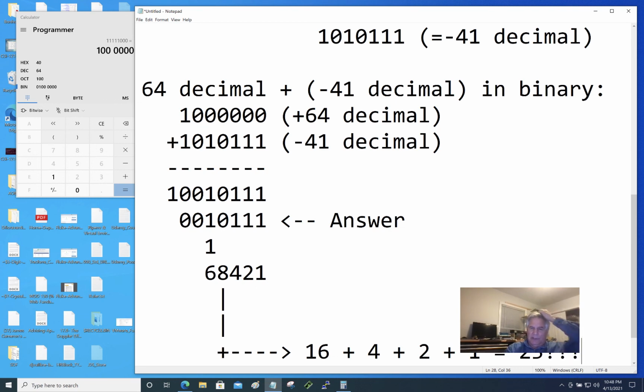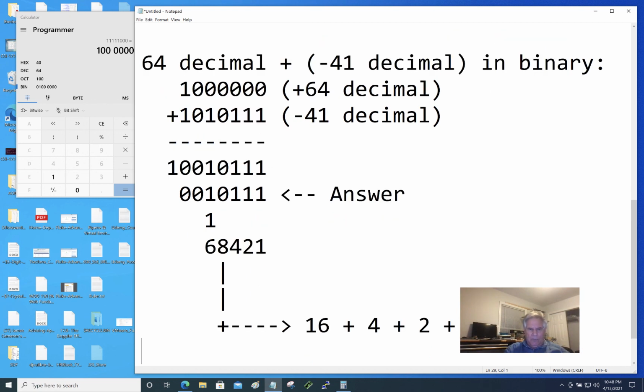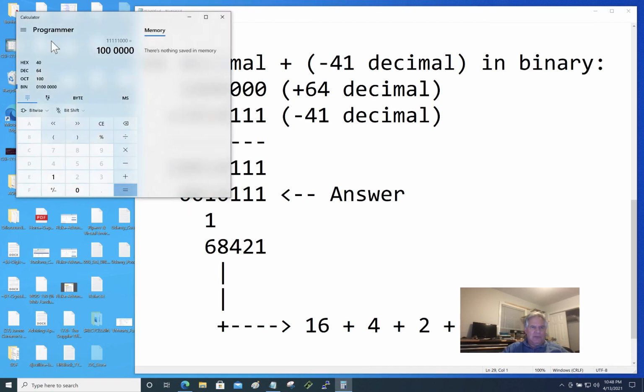And we can celebrate. And, as Michael Penn would say, that's a good place to stop. So I'll save this file and post it with this video. But you can see that you're able to do some calculations in here with this Windows calculator in programmer mode.